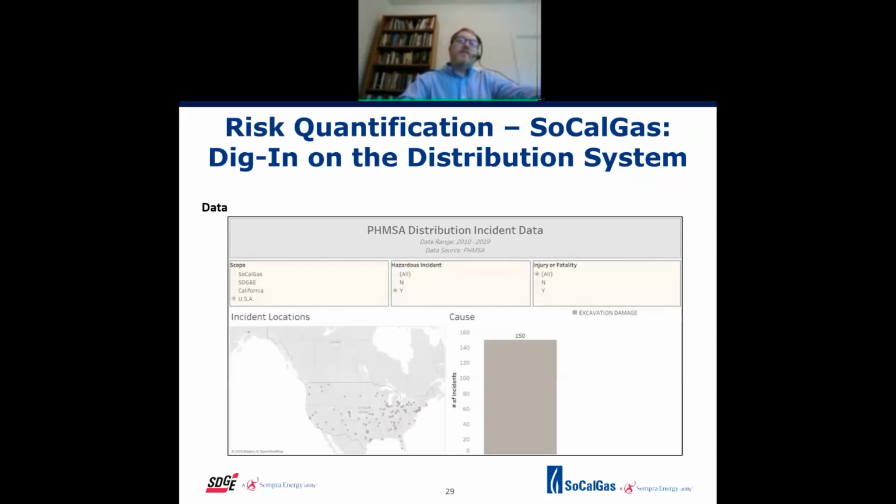So we can tweak these, get the data from it, and apply it to the particular usage as it fits. PHMSA calls their risk excavation damage. You can see on the lower right, there are 150 nationwide excavation damages that were hazardous incidents. I just wanted to show you some of the data in a graphical way. I hope you can see the map. That's the United States and Canada with some dots on it.